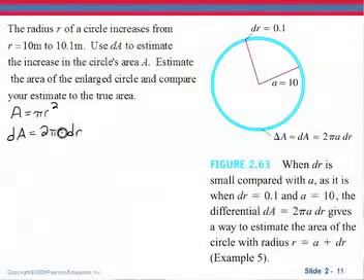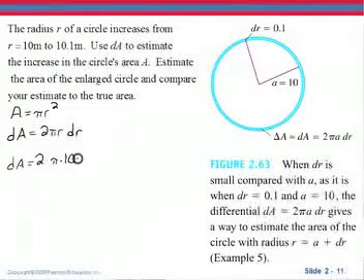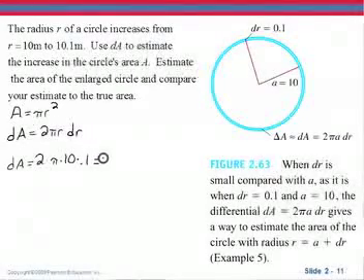Now we're looking at dA here when our radius is 10, and we're changing our radius by 0.1 meters. So we're going from 10 meters to 10.1 meters. So here then, dA would be 2 times pi times 10 meters times our change, which is 0.1.